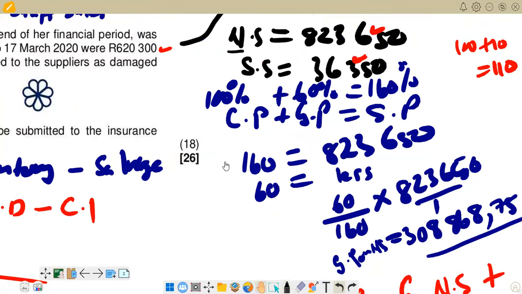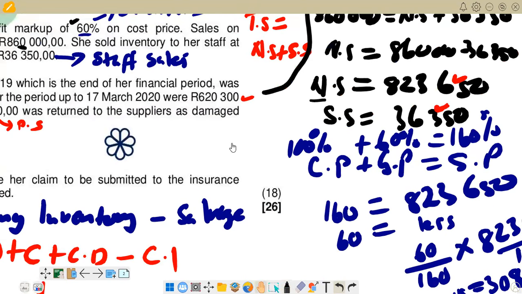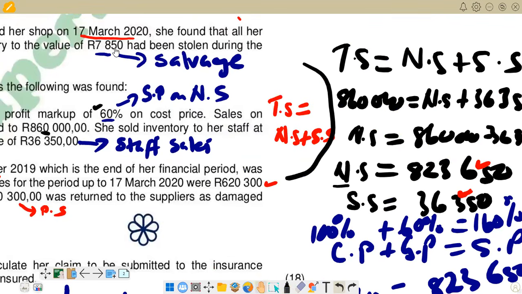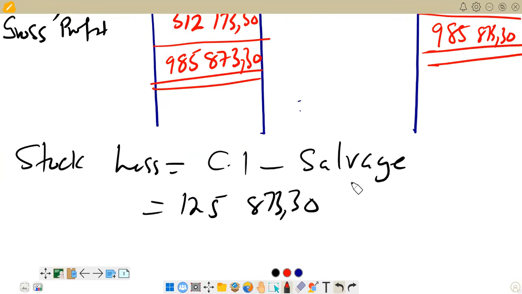If you come here, you'll see that the salvage is this figure, which is 7,850. So that's the amount that you're going to subtract from closing inventory to get the stock loss. So here we subtract 7,850. When you calculate that one, you're supposed to get 118,023.30.